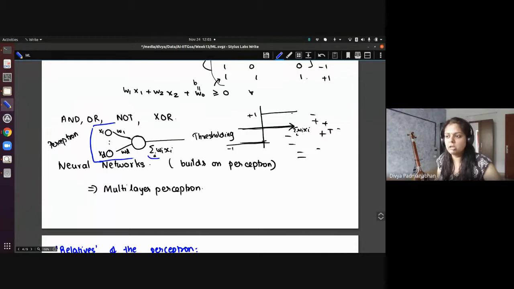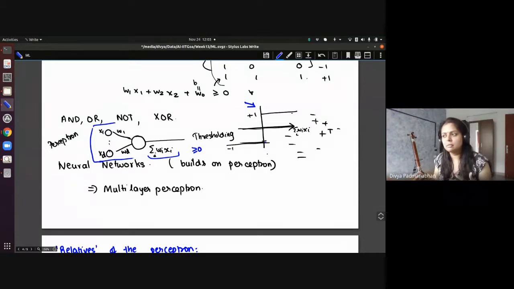You compute a linear function, and then apply a threshold. You see if sigma wi xi is greater than or equal to 0 or not. The ultimate function is a threshold: if the summation wi xi is greater than 0, you take it as +1, and if it's less than 0, you take it as -1. So this is what the perceptron was trying to do.